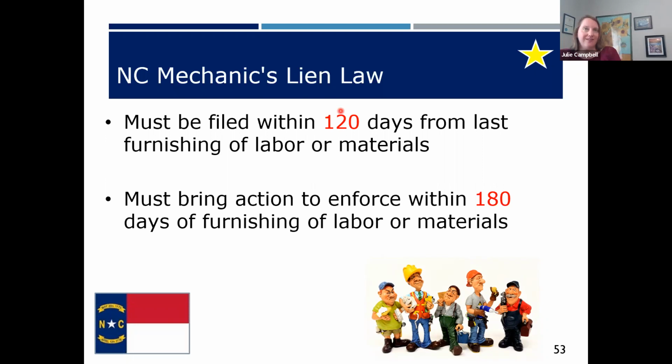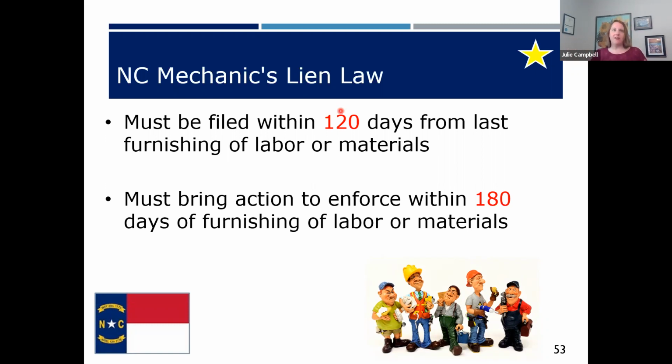You may or may not know it, but what that does is protect them. It gives them a place in line. So when you go sell your property, when you sell your home, generally there's a line of people standing there with their hand out waiting to collect. By filing the lien within 120 days, the mechanic has the right to stand in that line and hopefully collect what you owe them.